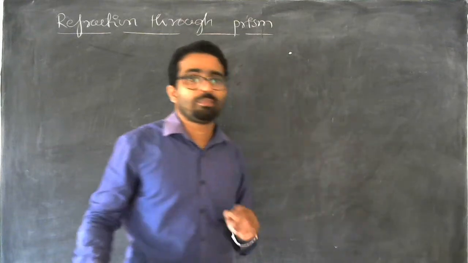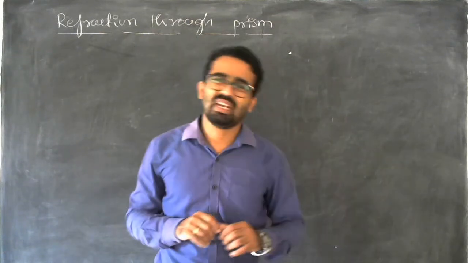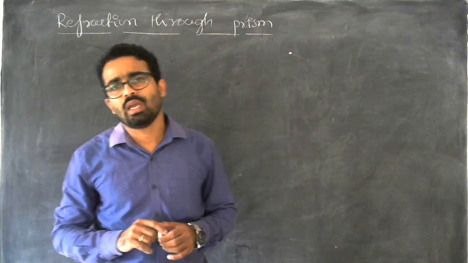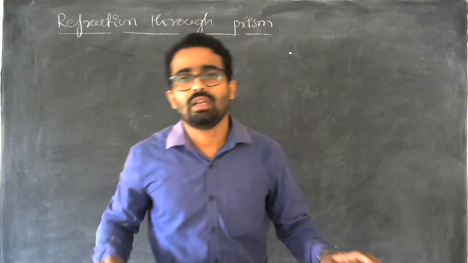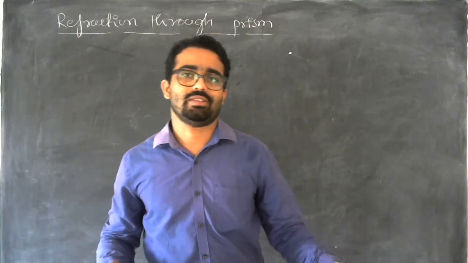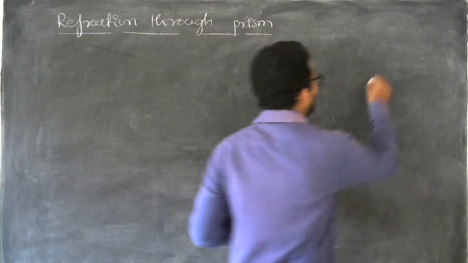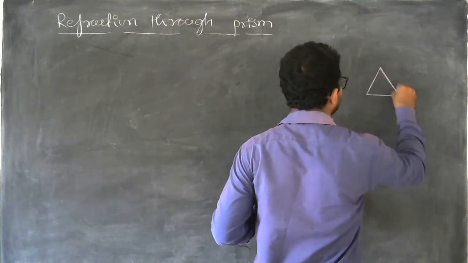So a prism is an optical medium bounded by three rectangular faces and two triangular faces. This is the shape of a prism.